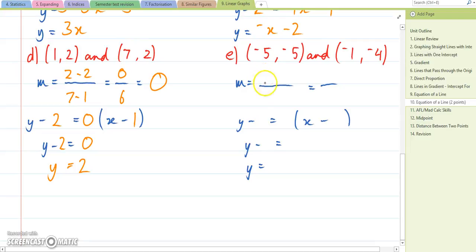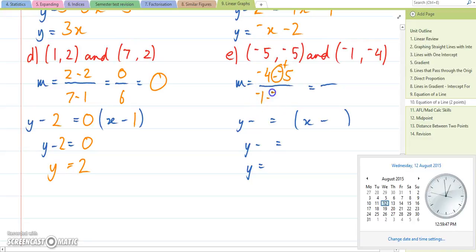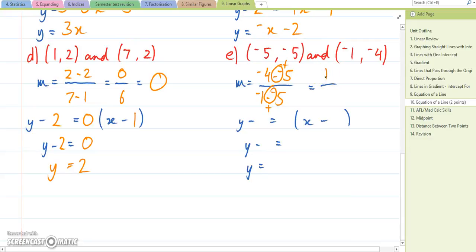Let's have a look at this one. Lots of negatives here. So negative 4 minus negative 5, that becomes a plus. Negative 1 minus negative 5, again a plus, giving us 1 over 4. Positive 4, yep, that's right. Subbing in our values, you can use either point here, so let's go with negative 5 there, 1/4 times x minus negative 5, that becomes a plus.